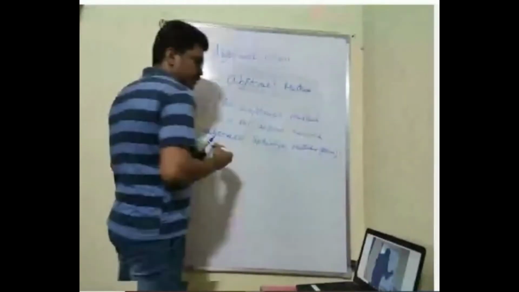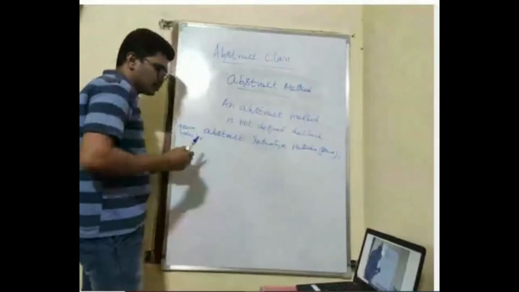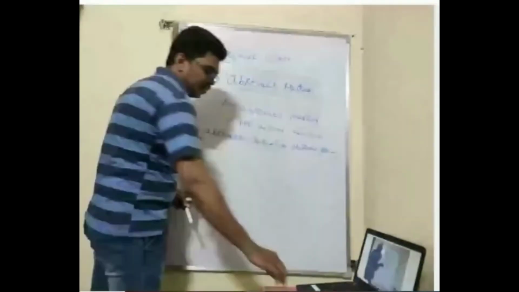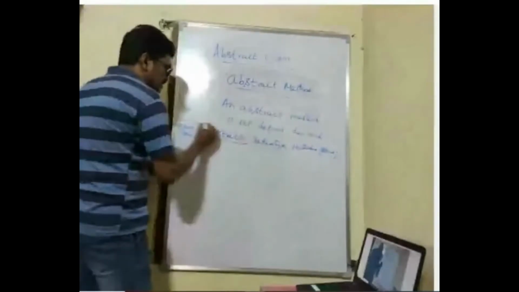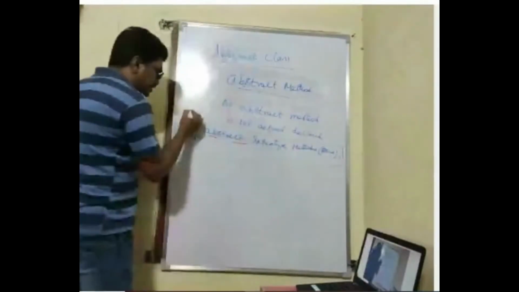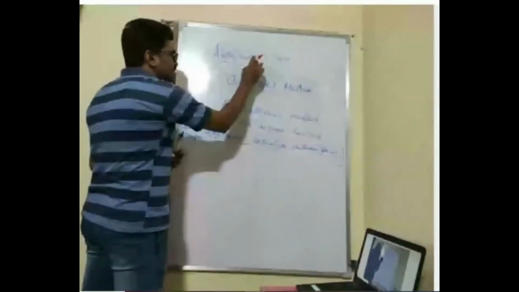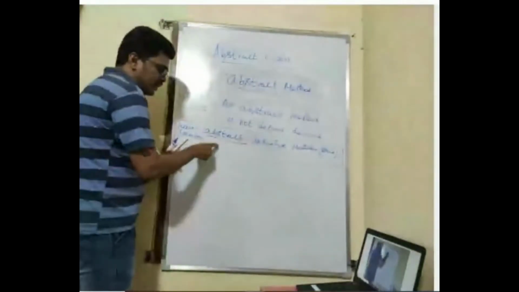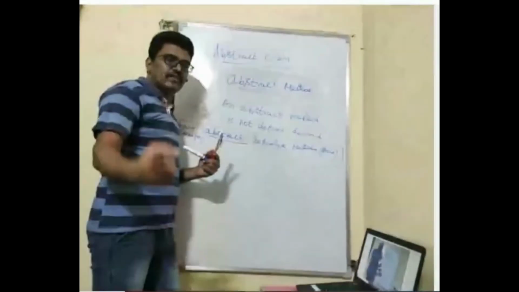Body should not be there. It is an abstract method, and you use the keyword abstract. Suppose this method is there in a class, then the class must be an abstract class. Whenever we say at least one, it can have more than one. If you have only one also, it should be made as an abstract class.